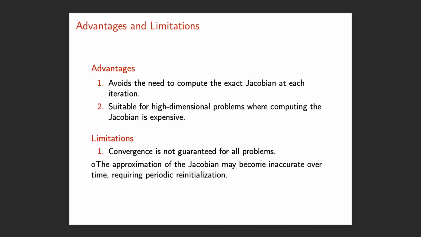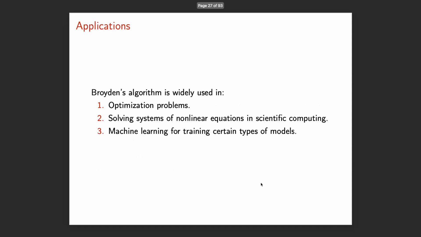One of the problems is that convergence is not guaranteed for all problems. And also the approximation of the Jacobian may become inaccurate over time. We require many reinitializations. So one method, which we are going to look at now, is the Broyden, Fletcher, etc. So Broyden's method is easy to implement. It's actually used in optimization problems.